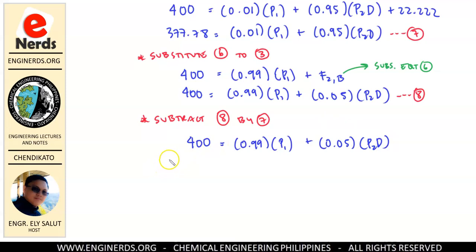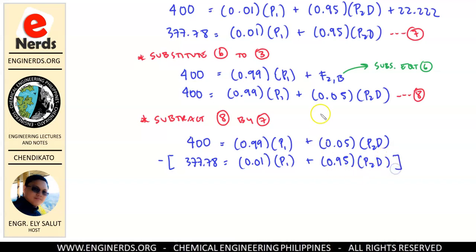Then, I'm going to subtract our equation 7, which is 377.78 is equal to 0.01 times P1, then plus 0.95 times P2D.